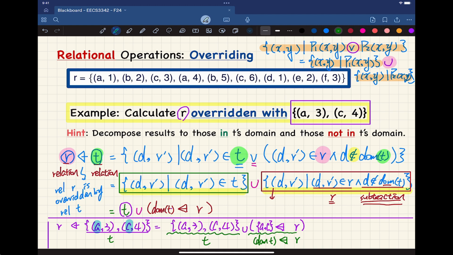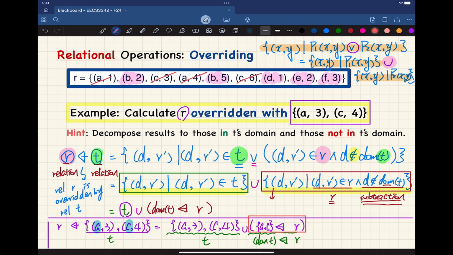And what's this then? What is R domain subtracted AC? Well, that means you're going to get rid of A here, C here, A here, C here. And what's really left? You got this left, this left, this, and this.